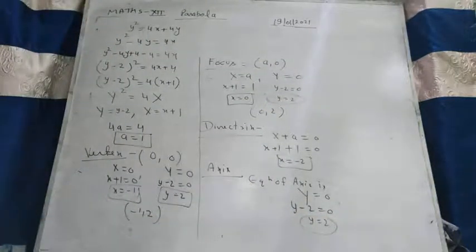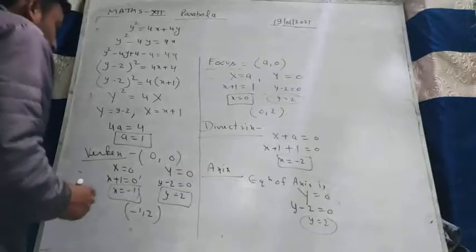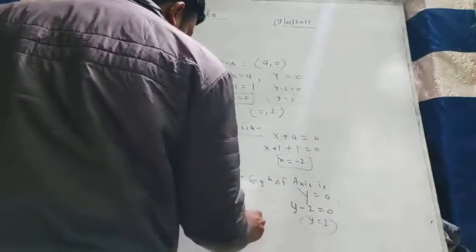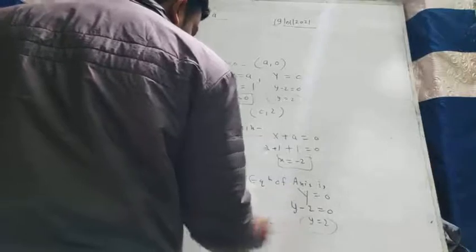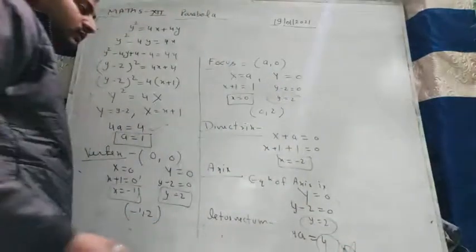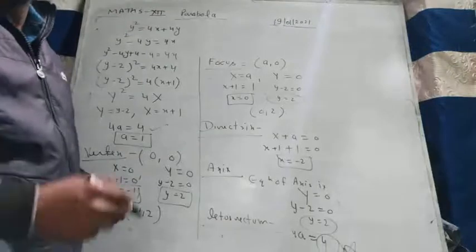So our axis is y is equal to 2, and latus rectum is 4a, which is equal to 4. So we can say that our latus rectum will be 4. I hope you understand, students.